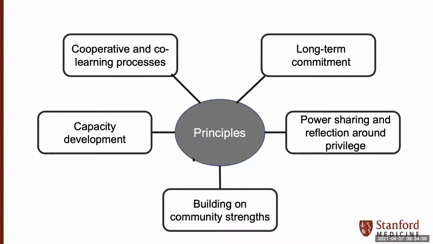Second, long-term commitment. You might have heard of the term helicopter research, where researchers drop into a community, do their research, and leave. And that's the opposite of the principles of engagement. We get engaged and develop relationships that are intended to last beyond the grant period potentially, and really have a commitment to being there for the long haul.